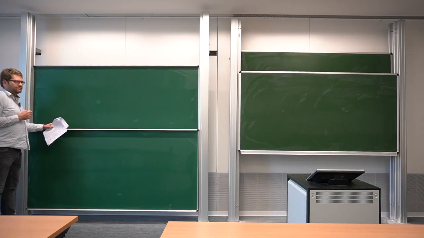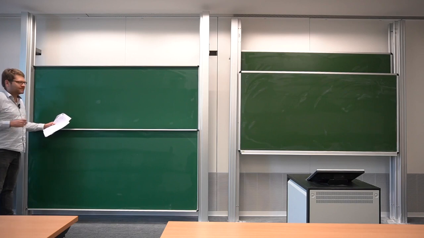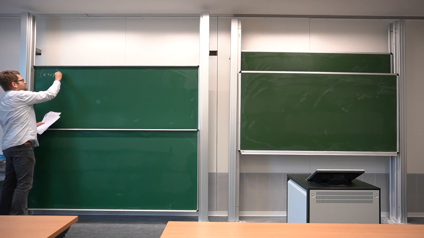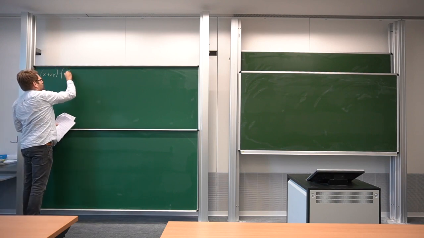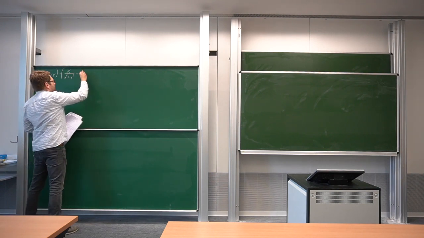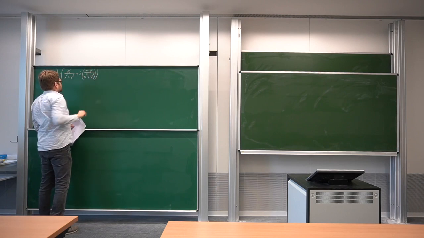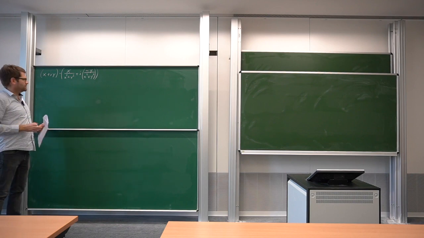Okay, we have to check that the formula I gave for the inverses are indeed inverses of the elements I claimed. This means I have to show that for some x plus iy in C star, the product with x over x squared plus y squared plus i times minus y over x squared plus y squared is indeed equal to 1, the neutral element of the multiplication.